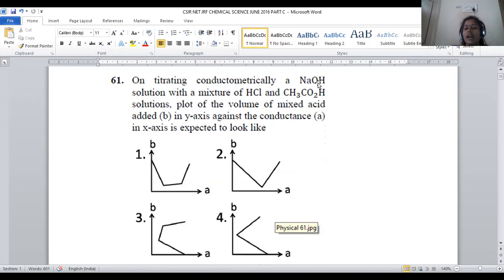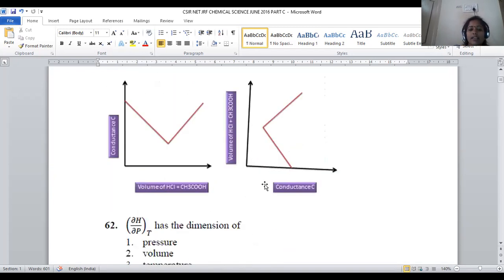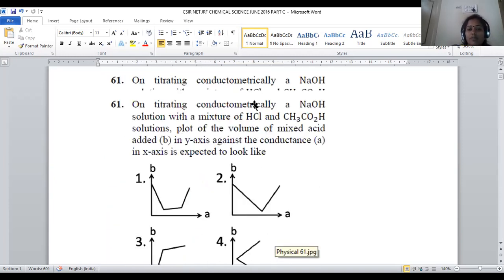One is a strong acid, the second is a weak acid, and it is titrated against sodium hydroxide, a strong base. In general, on the y-axis we take conductance and on the x-axis we take the volume of HCl versus acetic acid. The plot will be represented in this manner. A V-shaped plot will be obtained. That is clearly indicated here. Conductance versus volume of HCl and acetic acid is represented in V shape. So this is the normal pattern.